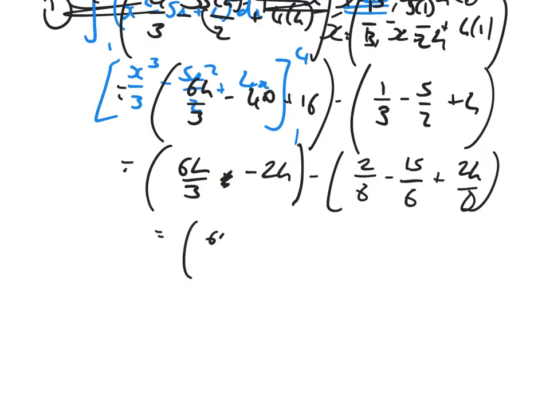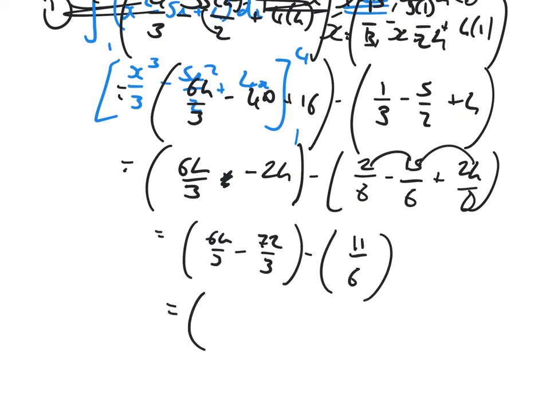Okay, so that's 64/3 minus 72/3, minus open up. 2/6 take away 15/6 is minus 13/6. Minus 13/6 plus 24/6 is 11/6. Okay, so 64 thirds take away 72 thirds, that will be minus 8 thirds minus 11 sixths.